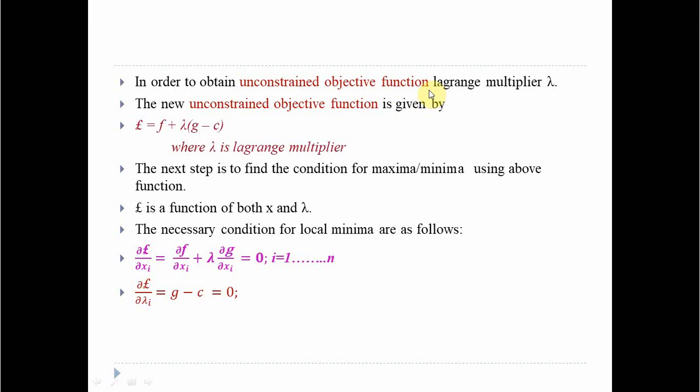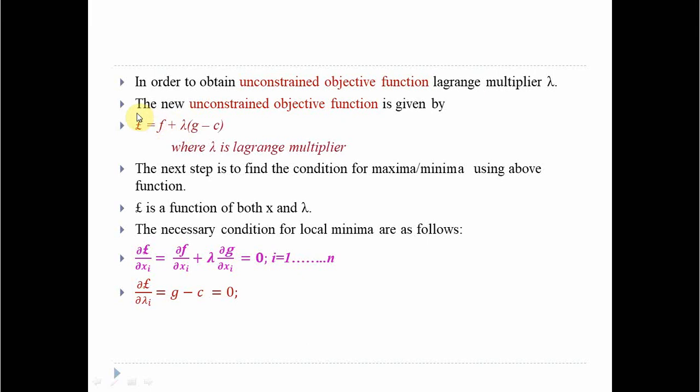Now the next procedure is to find the condition for local maxima or minima for this particular function. This is our new function. You have to minimize or maximize this function using a simple differentiation rule. Now here you can see that f is a function of x1, x2, x3 so on till xn, g is a function of x1, x2, x3 so on till xn, and c is a constant. So you have x1, x2, x3 so on till xn as one variable set, and you have one more variable, that is lambda.